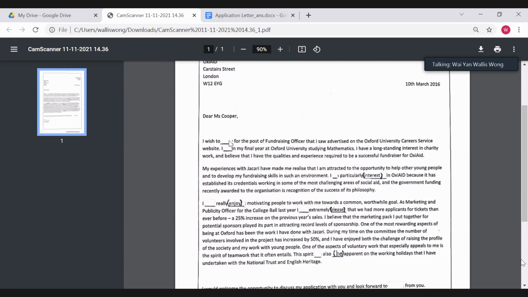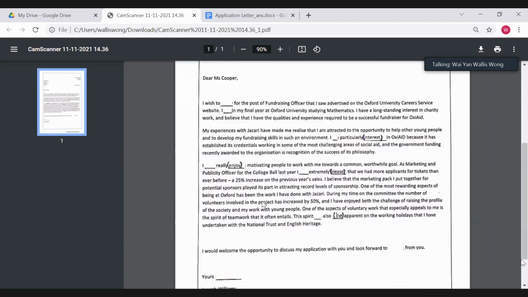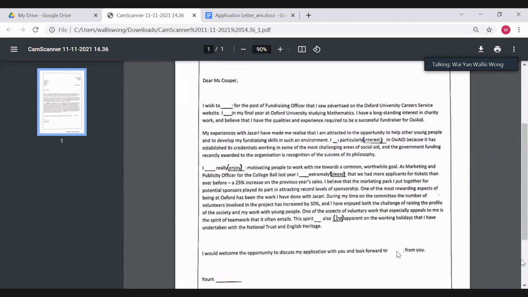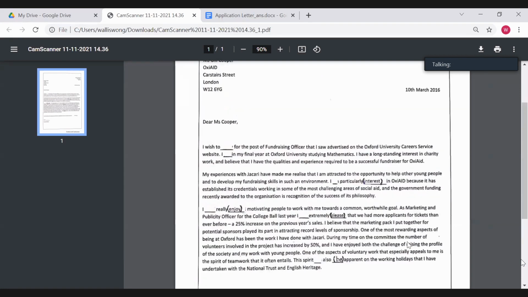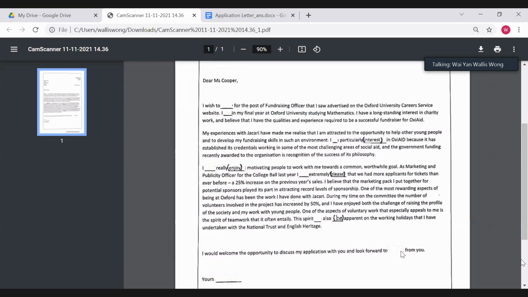How many blanks do we have? 1, 2, 3, 4, 5, 6, 7. And then the last one here. Sorry, the line is missing.